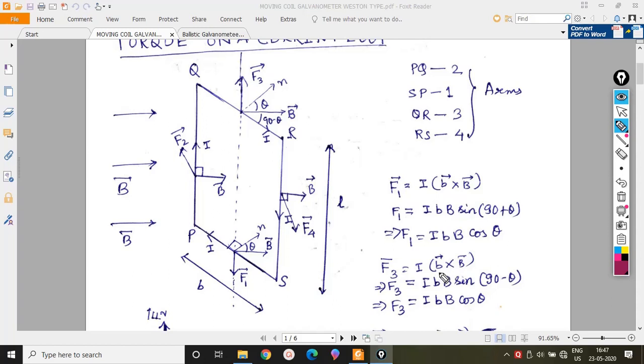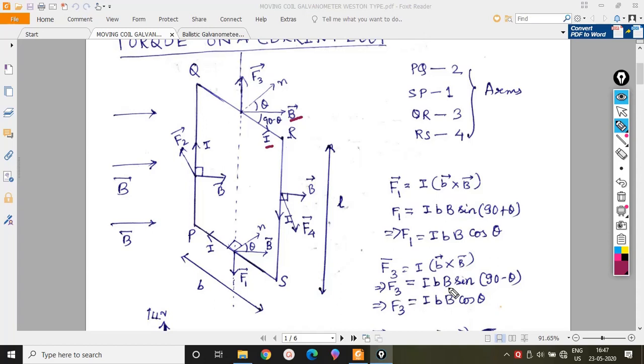Small b is the length of the QR arm, and this is the length vector L here, multiplied by capital B. What is the angle between small b and capital B? Small b vector is directed along the direction of current here, and this capital B is here. Between them, this is the angle 90 minus theta.